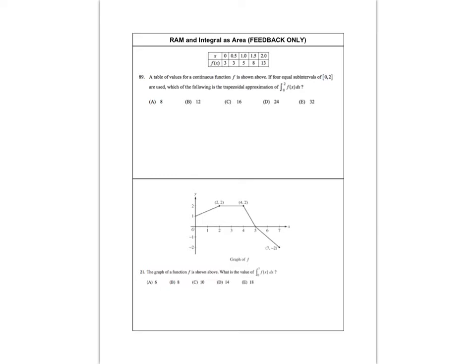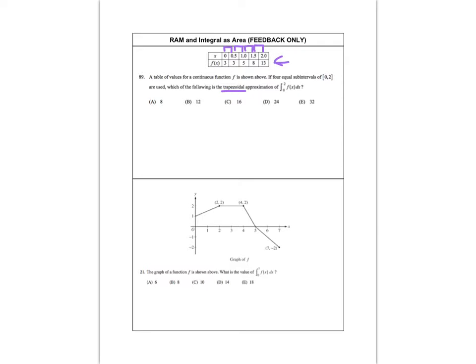All right, we've got some RAM stuff going on, some rectangular approximation methods. And what we're going to do here is to find stuff, in this case, with trapezoidal approximation. What that means is, if we're using 4 intervals, we're looking at these guys, 2, 3, 4, and we have to think about the y values here as the bases of the trapezoids.